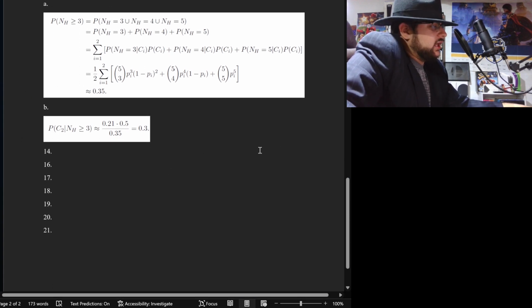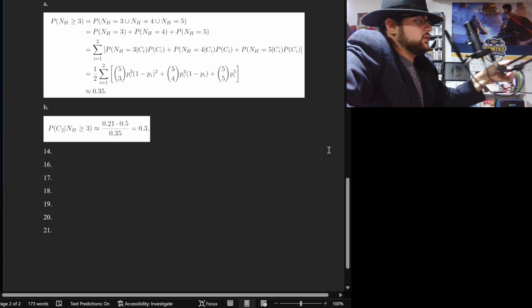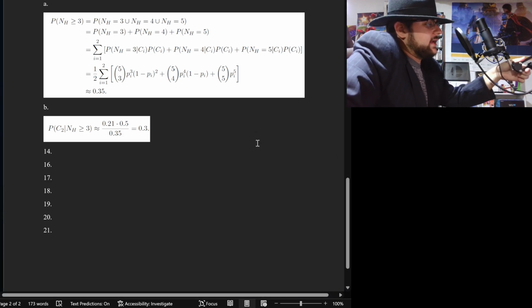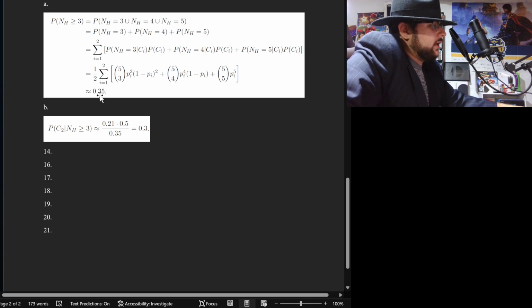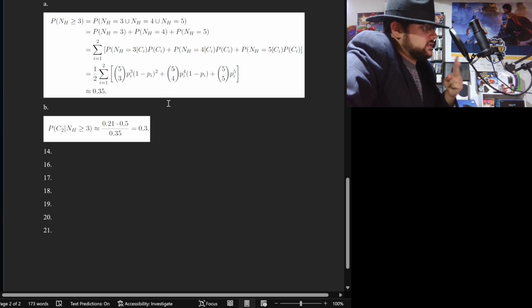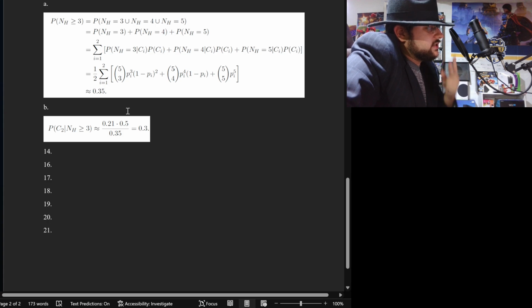And then for B, you can use the fact where NH is greater than 3 has already been solved. We already know that it's 3.5, okay? And then you take PC2, which we already know is 0.5. We already know these two facts, okay? We already know C2 and 3.